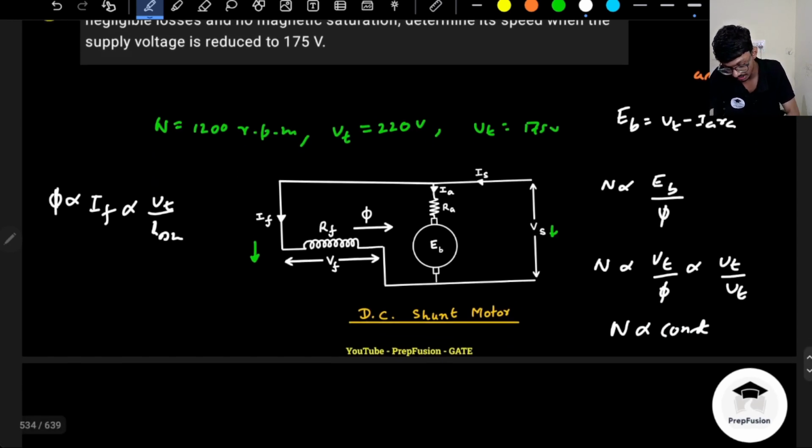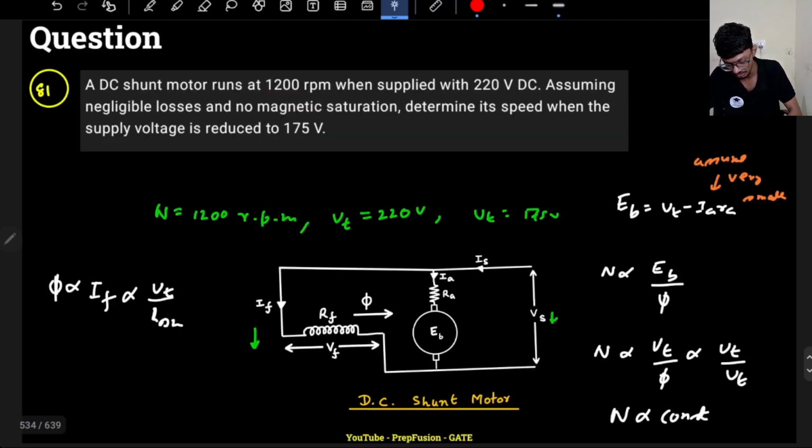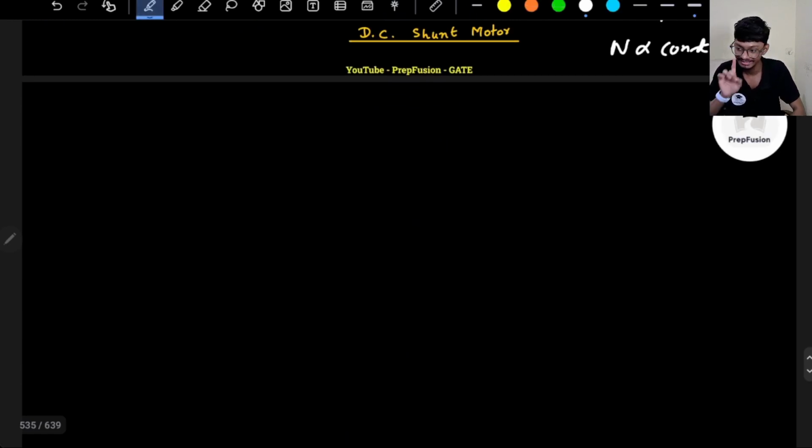It does not matter whether I change the terminal voltage or not, the speed will remain the same as the previous one, if I assume the load current to be very small.